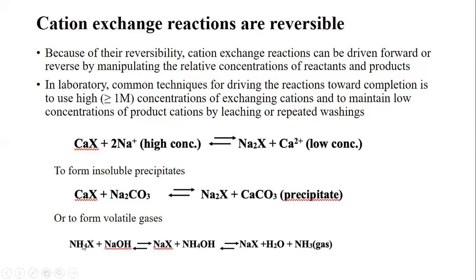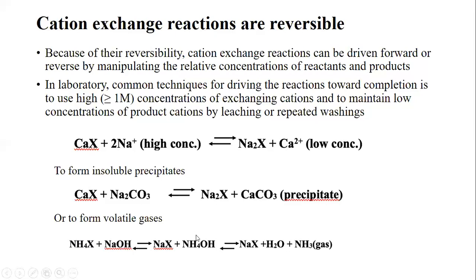Or to form volatile gases. If we say NH4X plus NaOH, so we have ammonium on the colloid, we're going to replace it with sodium using sodium hydroxide. So we have now NaX. Na took the place of ammonium on the colloid surface. And what was produced? NH4OH.